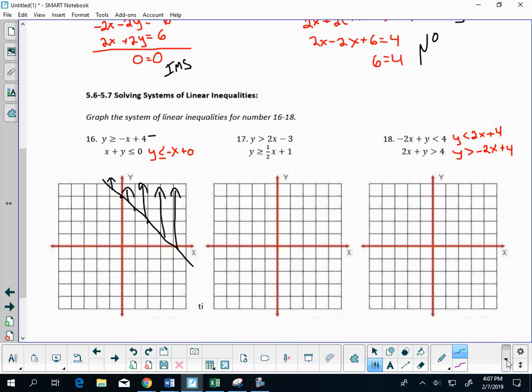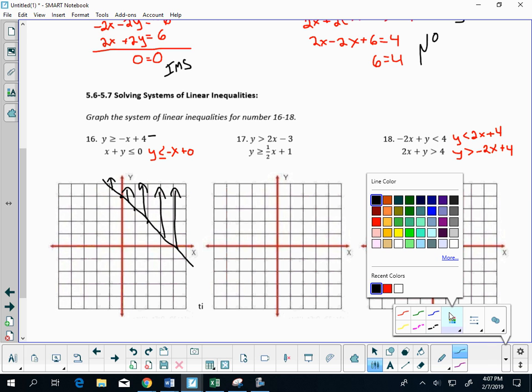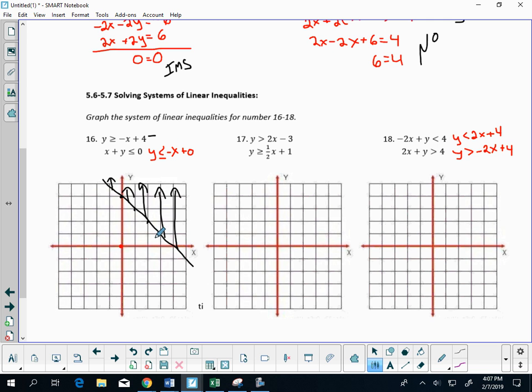We'll do the next one in red. There. My y-intercept is 0. My slope is -1. That's going to be a solid line as well.